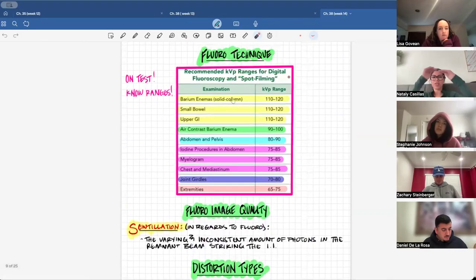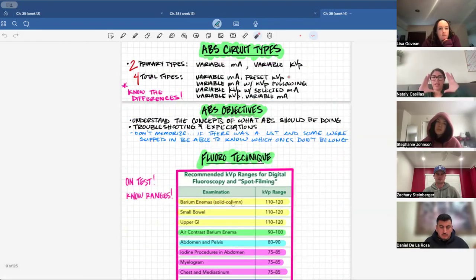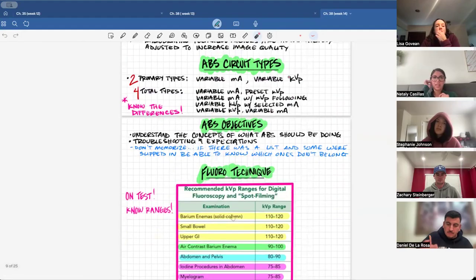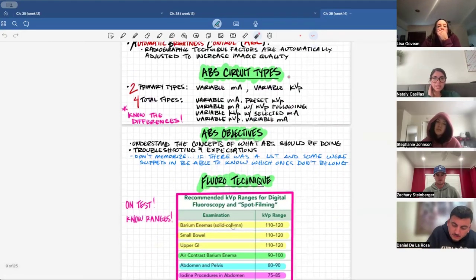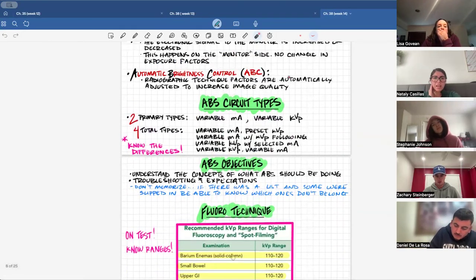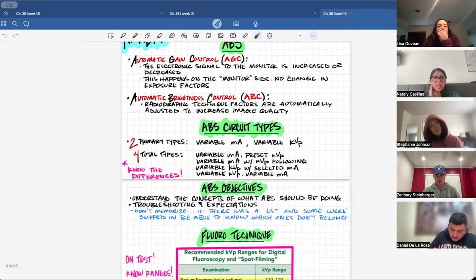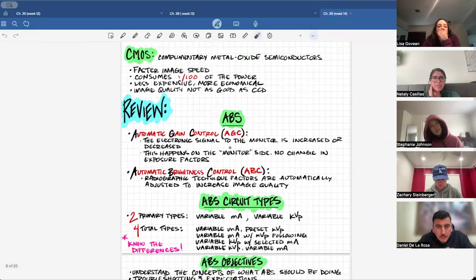I feel like there are so many little components in that thing that it's confusing, like the circuit types. But the two main ones are the automatic gain control and then the automatic brightness control. That's how you compensate for part thickness changing in the patient.